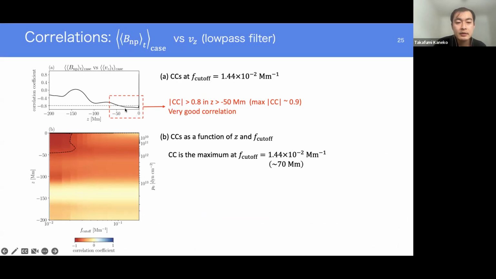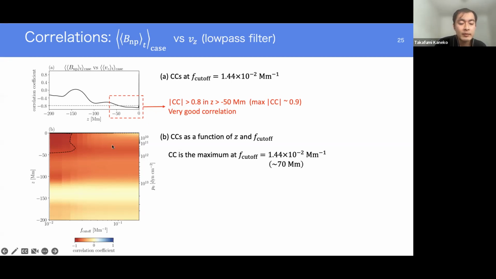In this case, the correlation coefficient increases compared with the original case. In the area higher than minus 50 megameter, the correlation coefficient is basically over 0.8, and the maximum correlation was 0.9. So it's a very good correlation.